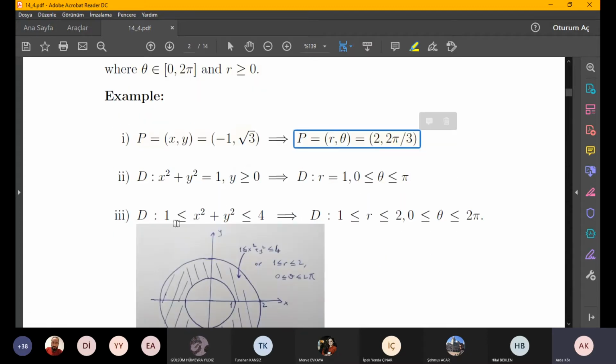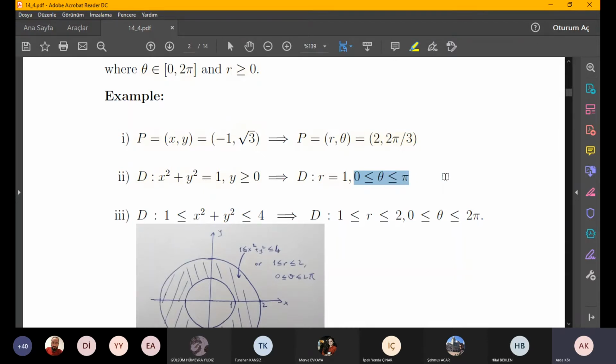And if you talk about all the points in D, the unit circle x squared plus y squared equals 1, and also the half unit circle where y coordinates are greater or equal to 0, then that region can be specified in polar coordinates as r equals 1 and theta between 0 and pi.